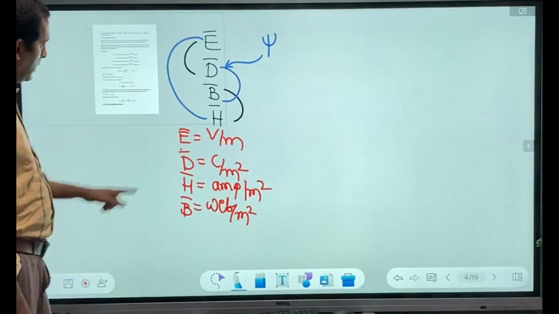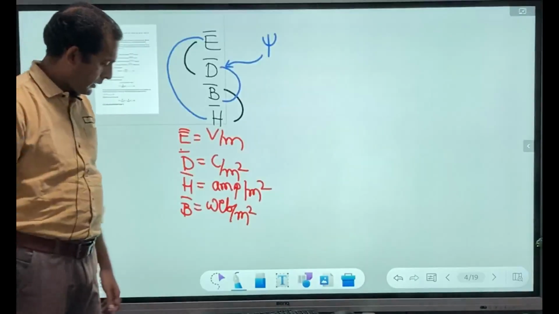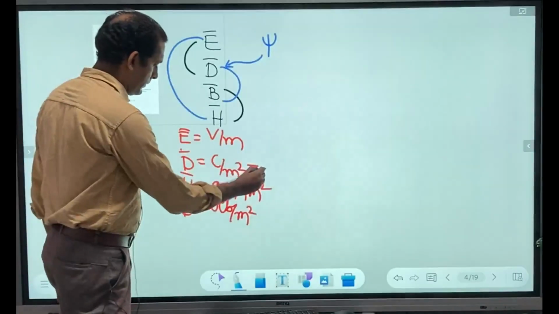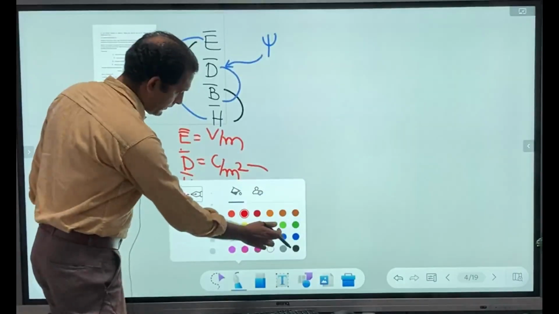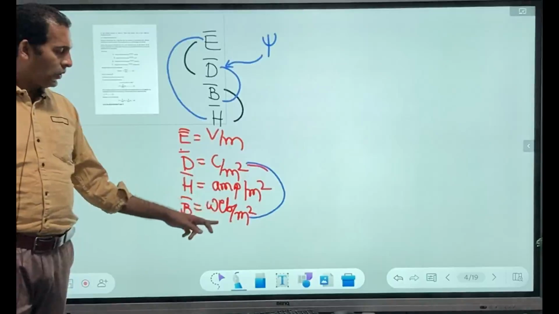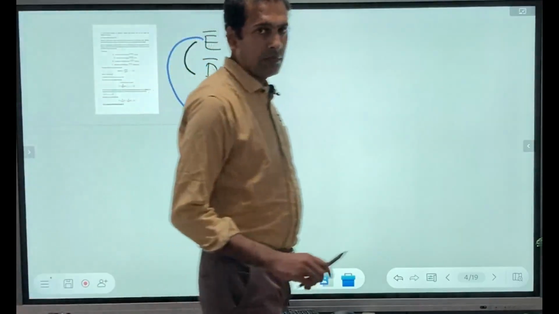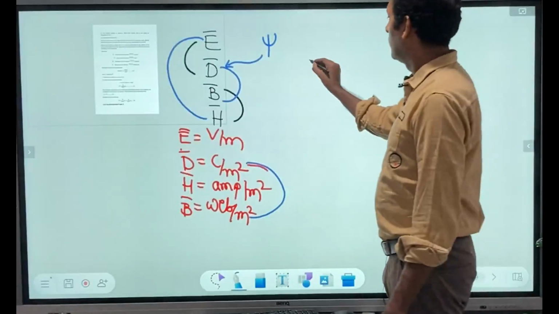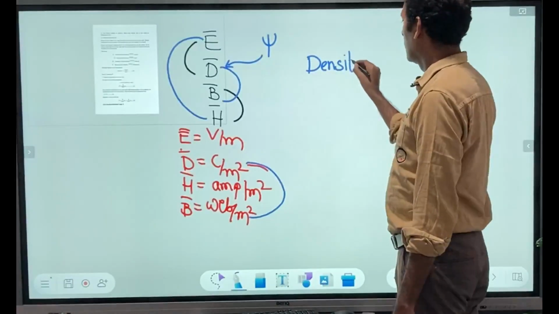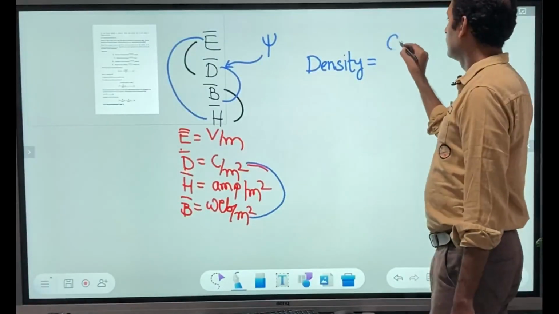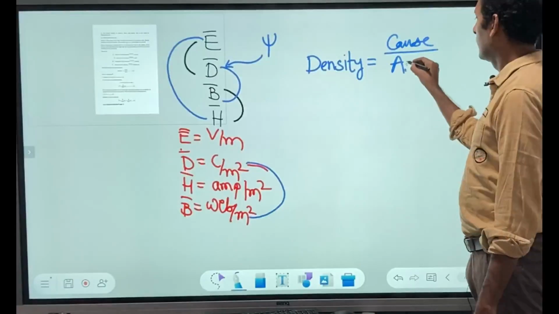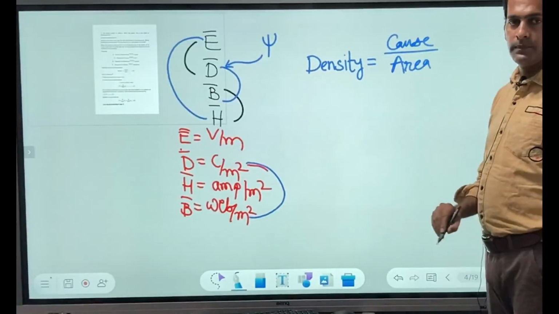Now if we focus on the units of these two, B and D, they are related with cause per area. Any kind of density can be given by cause per area.